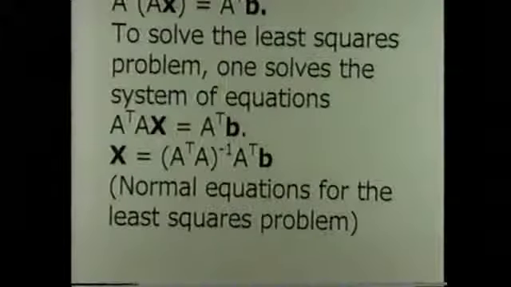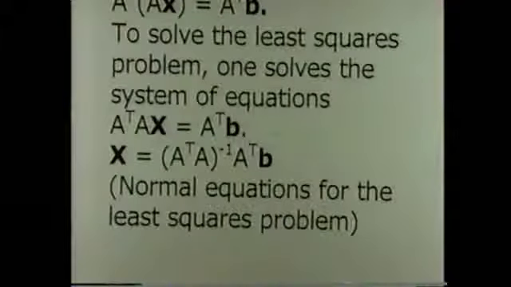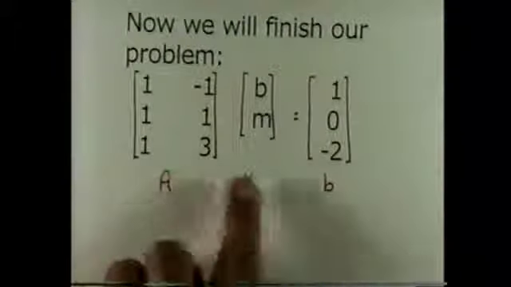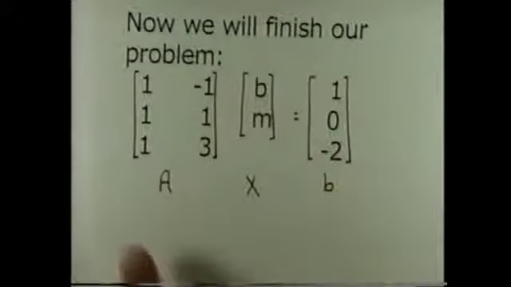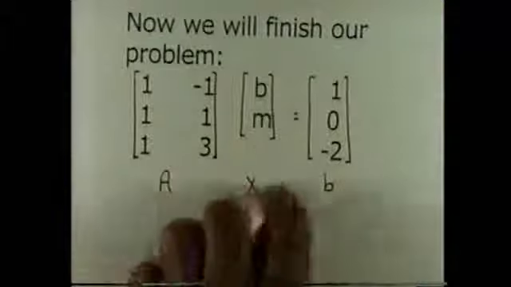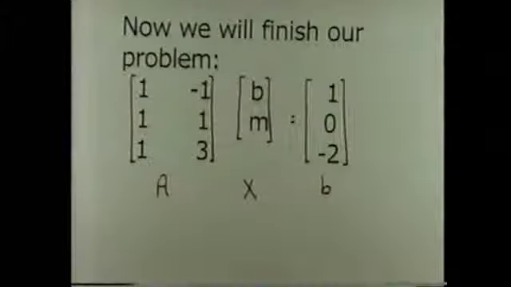Now let's go back and finish our problem, now that we have the formula. With our problem, we had Ax equals b. So here's the coefficient matrix A, here's x, here's your constants b.